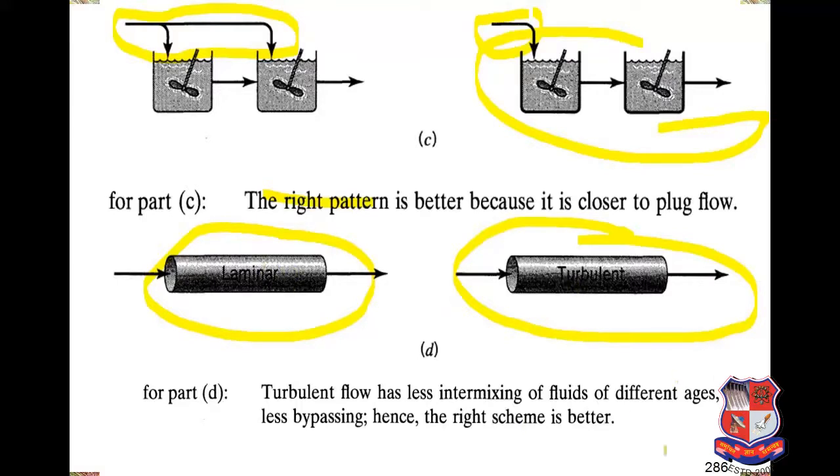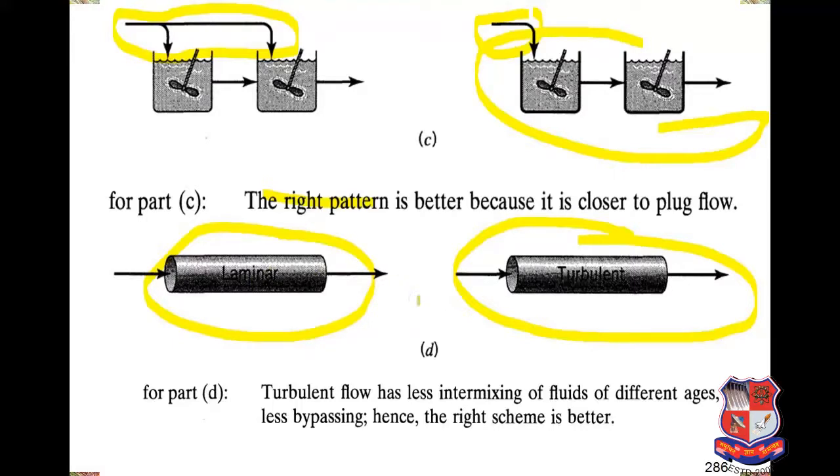So in this case also, the residence time of all the components of the fluid is going to be the same in turbulent flow rather than laminar flow. While laminar flow has a different velocity profile for each layer, and that's why the residence time is going to be different.